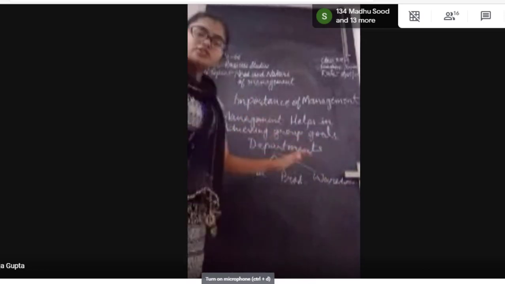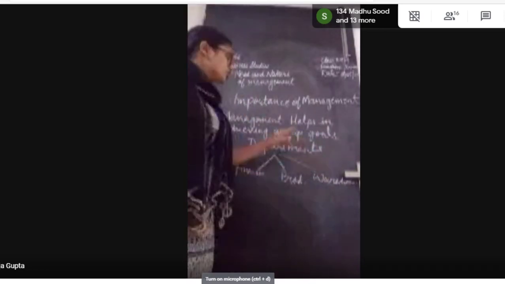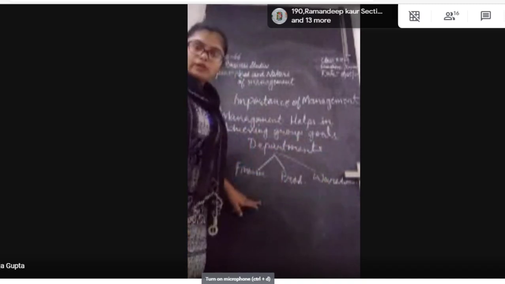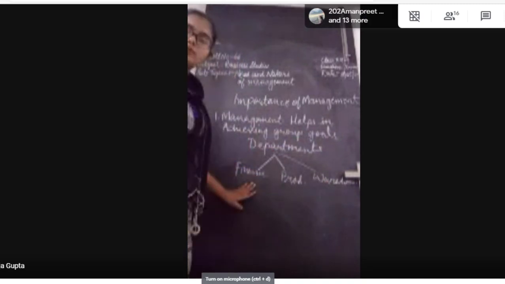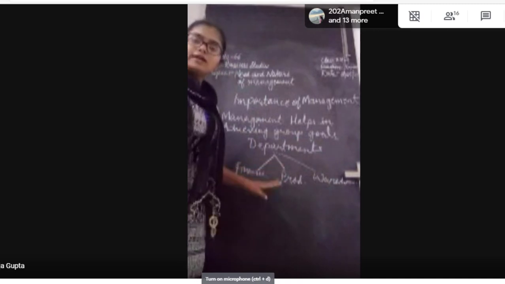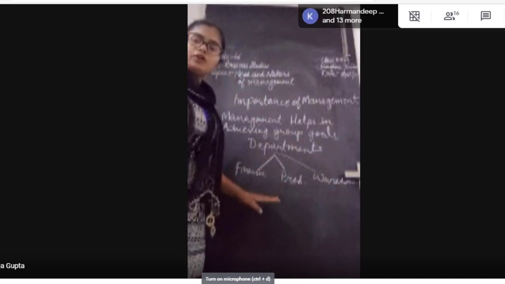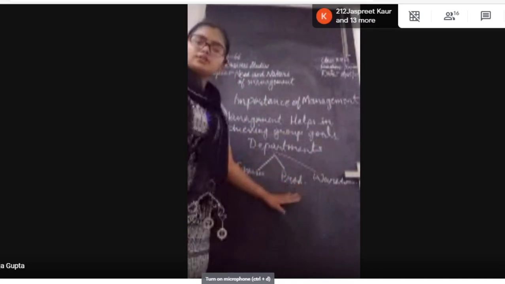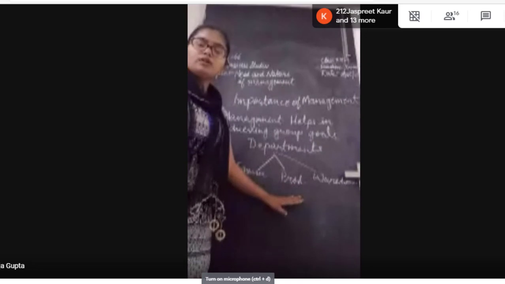So every department is having its own goal. Like in the finance department, it has to collect all the necessary monetary things which are required, and at the end of that, it has to prepare the balance sheet. And for production, its goal is to achieve the production targets given by the organization.